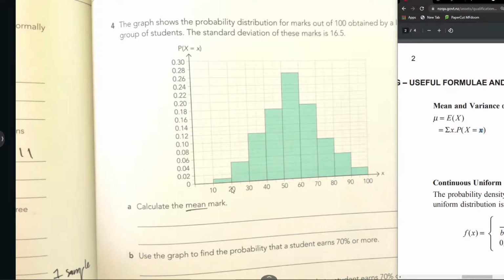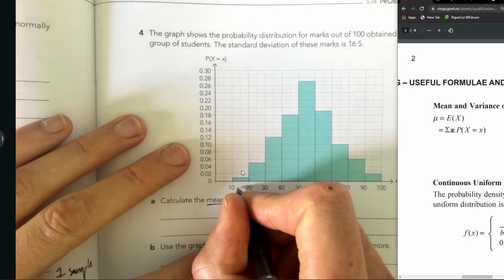So for any mark between 10 and 20, we can see that is 0.01. That's the probability that a student got a mark between 10 and 20. Now, what is that value x? It's kind of hard because this value x is actually everything between 10 and 20. So with these, generally you've got to average them out.